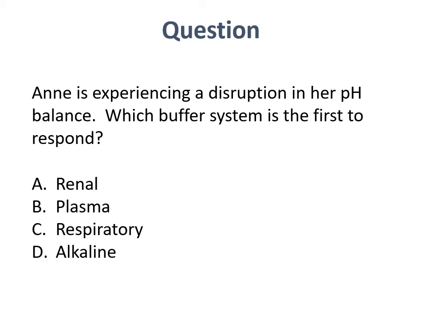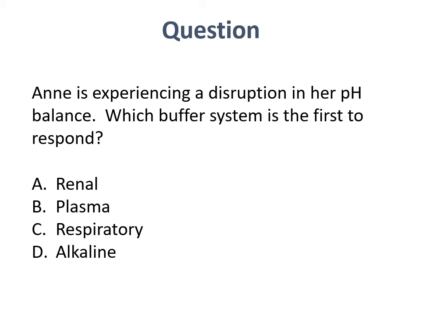So which buffering system is the first to respond? Well, it's the plasma system, right? It's the serum that can trade off immediately with potassium and hide the H+ in the cells.